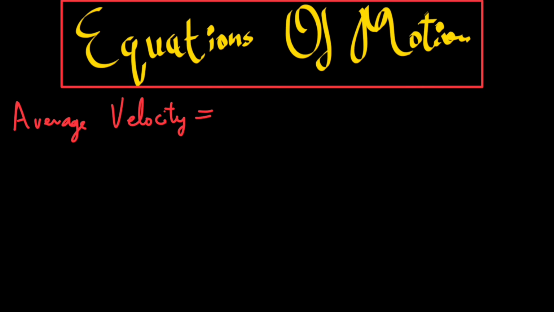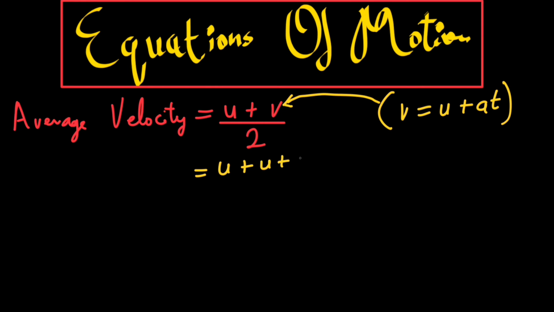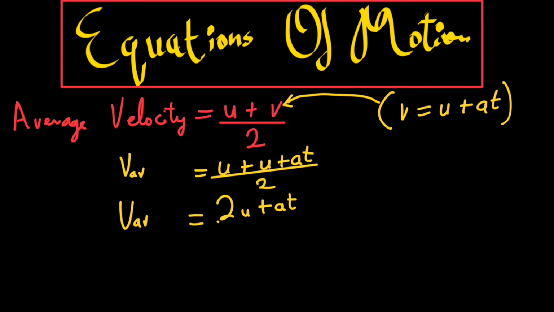The average velocity is u plus at divided by 2. Let's just call it v average. Simplifying this, v average will be u plus u, that's 2u plus at, over 2.